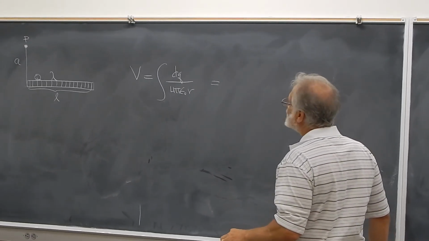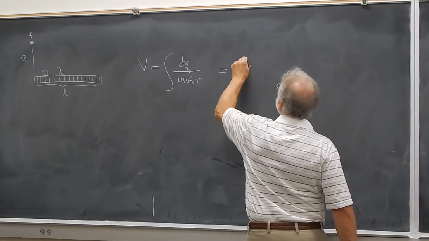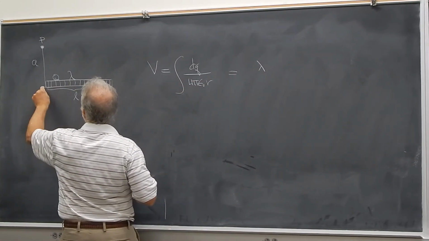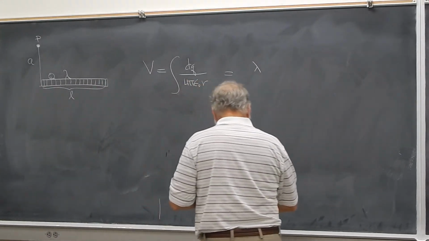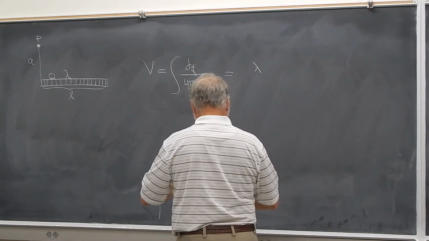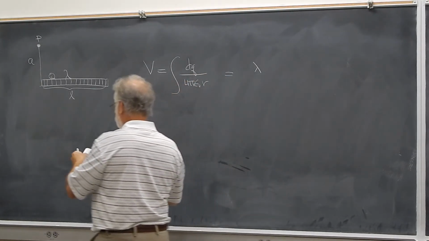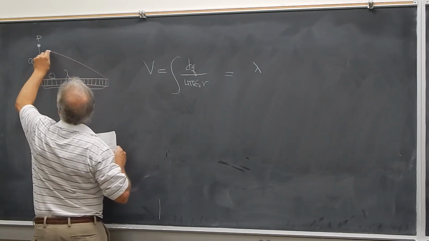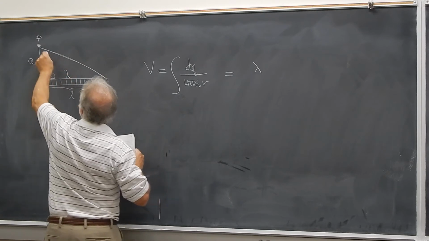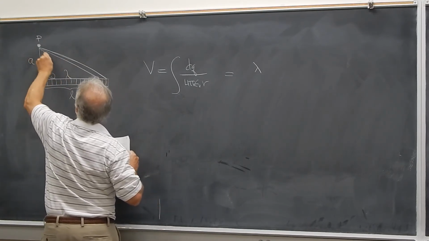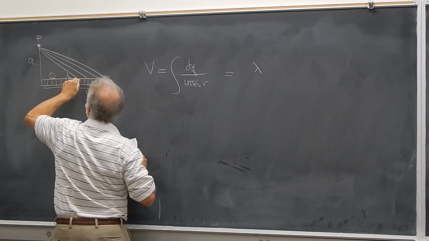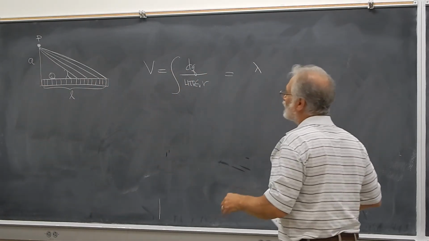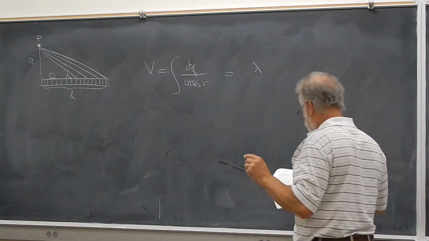I can replace dq by, in this case, I want to integrate over the length of the rod, and so to do that, I have to look at every point on this rod as some distance r, which is the square root of a squared plus x squared, from point P.